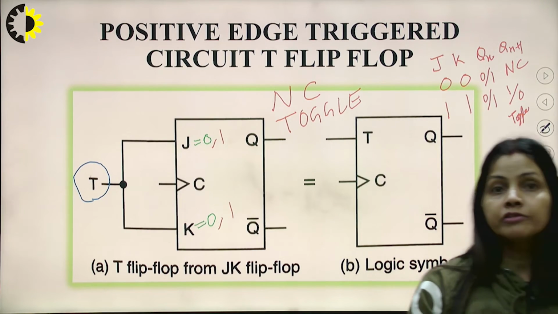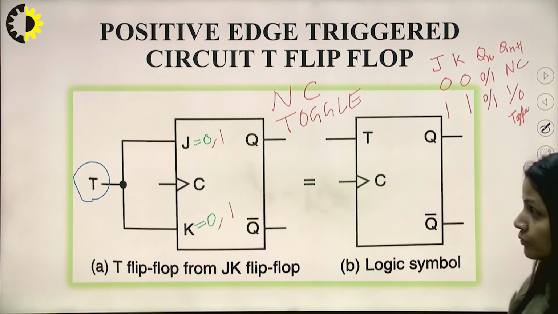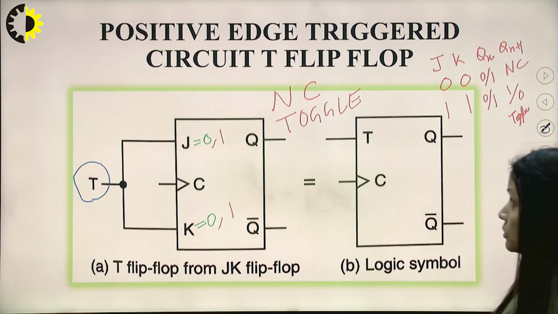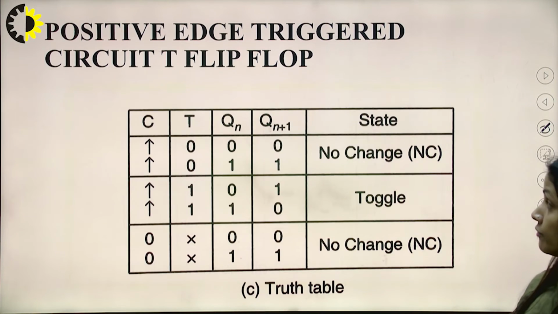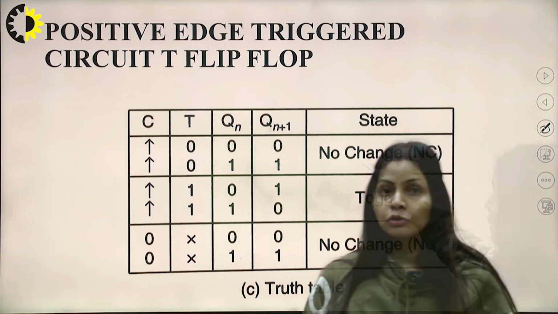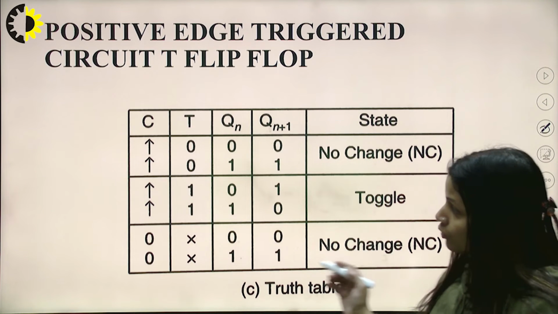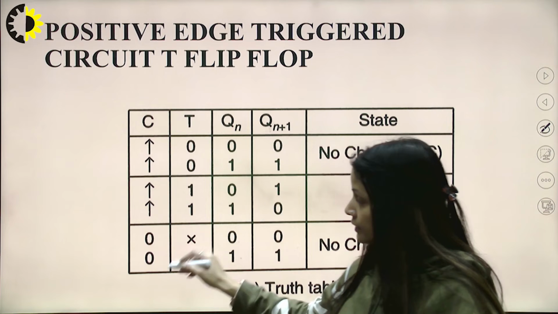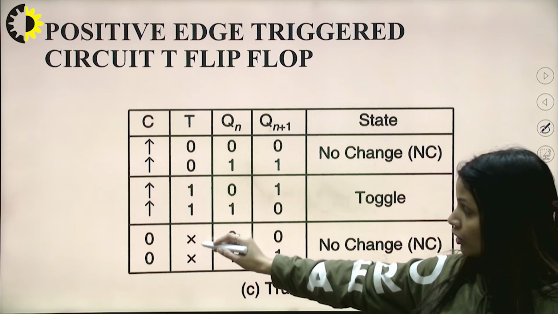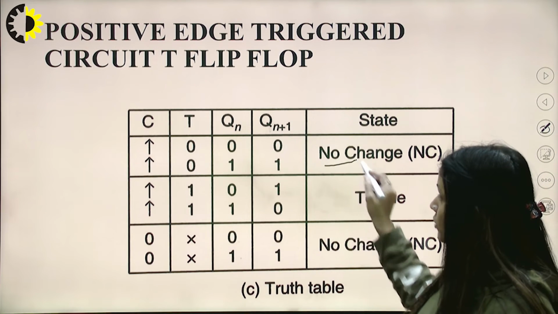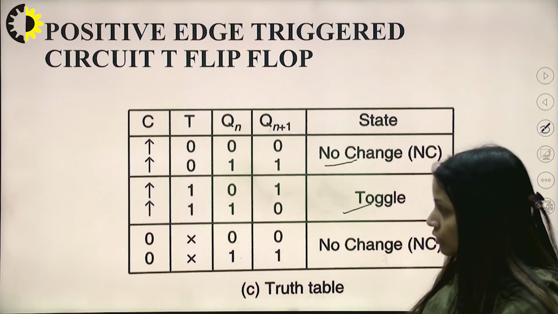In case of the T flip-flop, which we can derive from the JK flip-flop, we have no change and toggle. When the clock is 0, there would be no change. Only two conditions are there, no change and toggle.